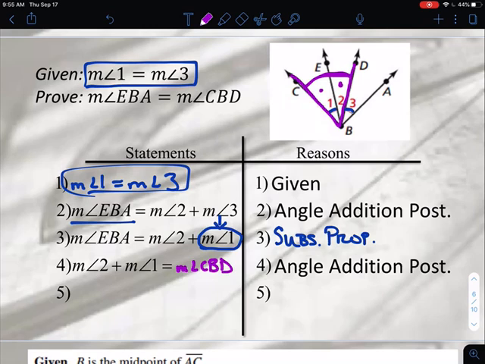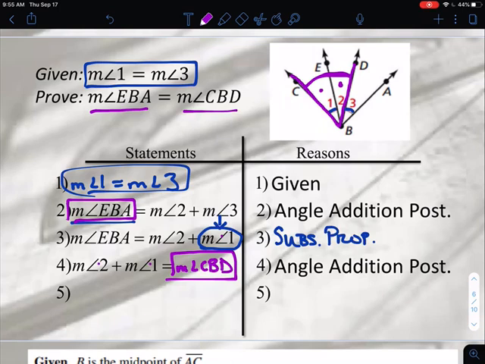And now if we look at what we were supposed to prove, EBA was equal to CBD. Well, we introduced EBA right away. Now we just found a statement that introduces us to CBD. So now we have both angles we want to have. We need to see if we can put them together. Notice, in our third statement, EBA was 2 plus 1, and then 2 plus 1 equals CBD.